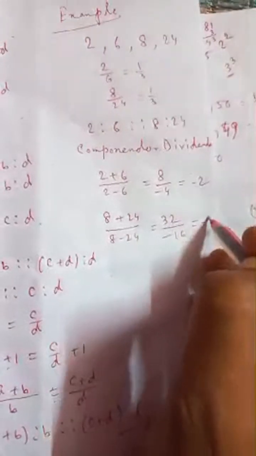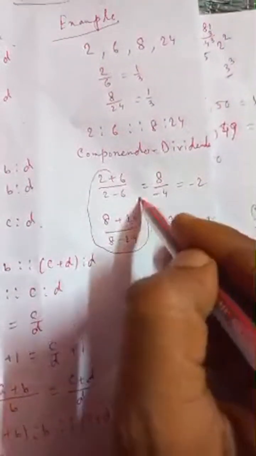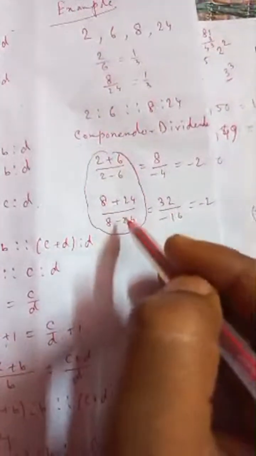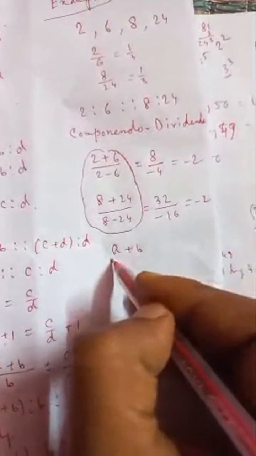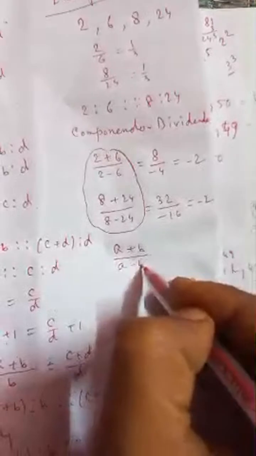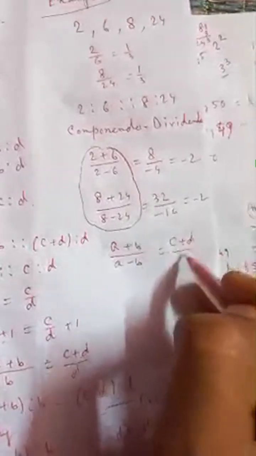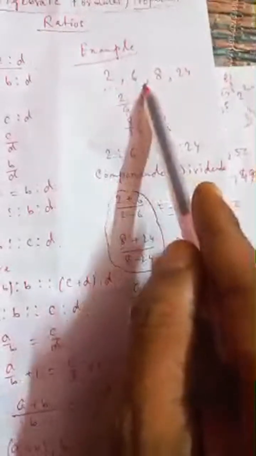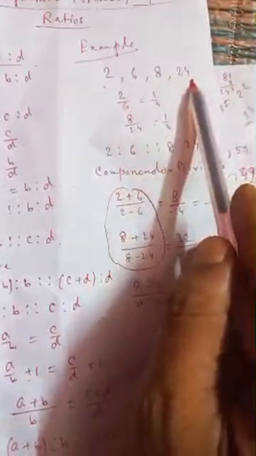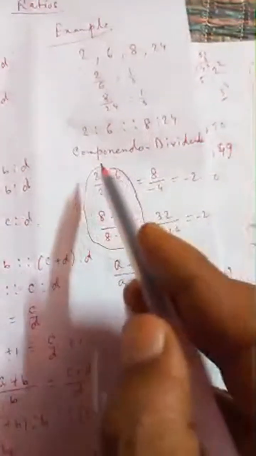This is equal to minus 2. This is an example of the componendo dividendo procedure. And this is also, meaning A plus B by A minus B is equal to C plus D by C minus D. If we take A, B, C, D as these numbers, then we have this componendo dividendo procedure.